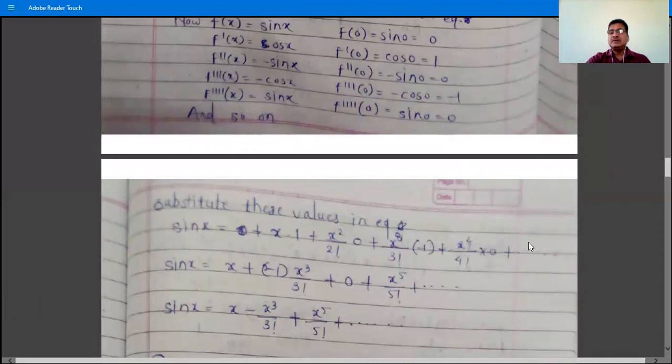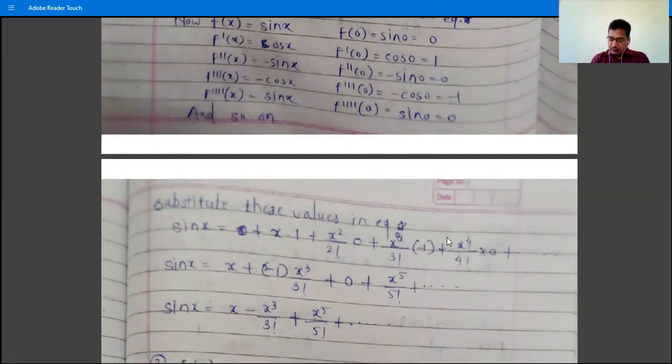Then the next term is x raised to 5 by 5 factorial into 1. So I find here the fifth derivative f⁽⁵⁾(x) is cos x, and the value at 0 is cos 0, which is 1. So write that term, x raised to 5 by 5 factorial into 1.